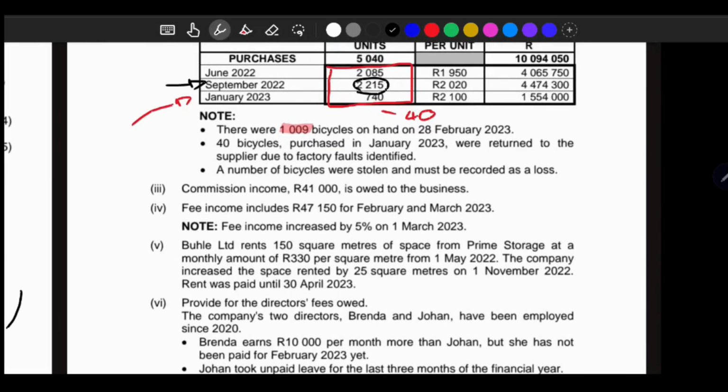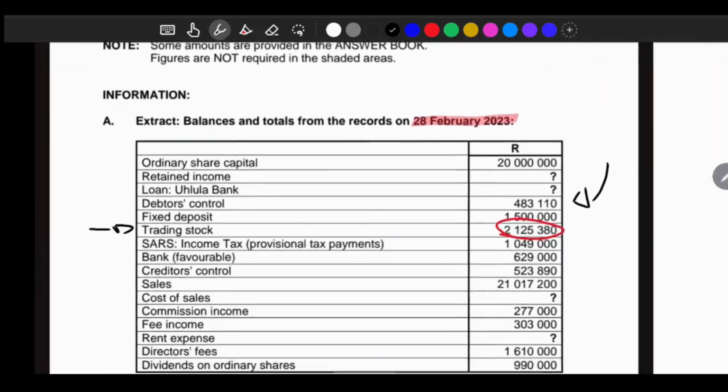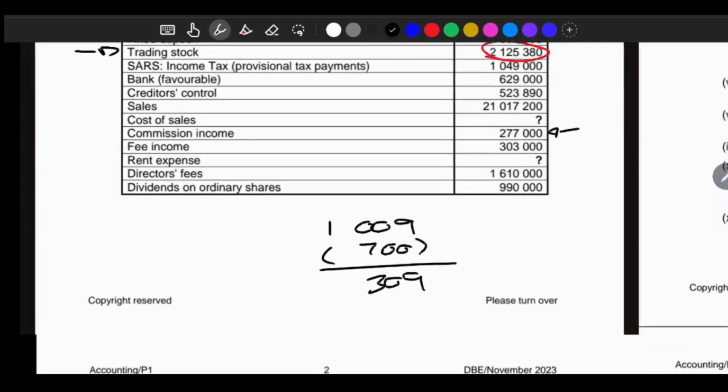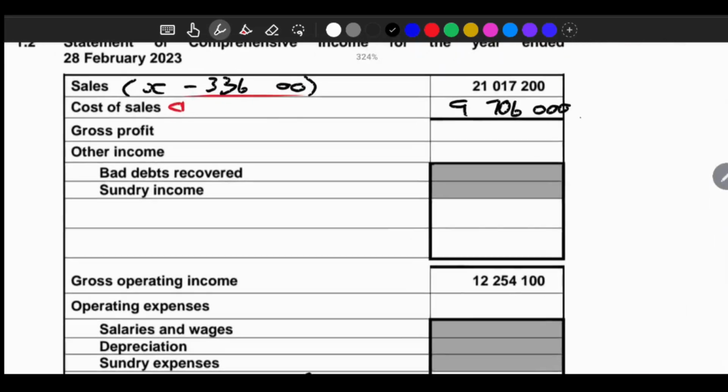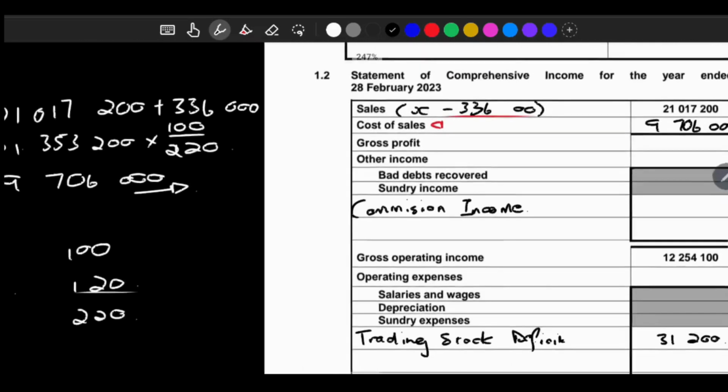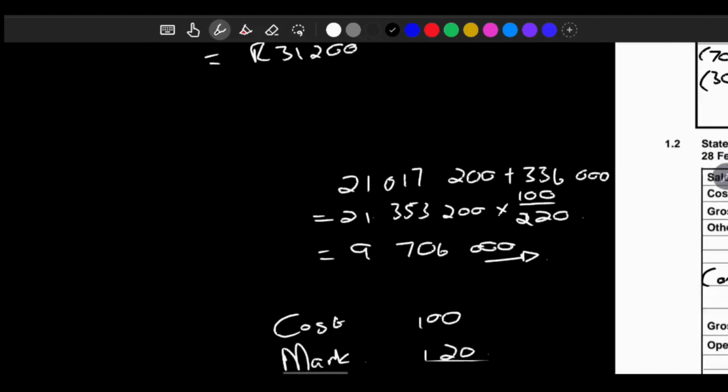Commission income for the 1,000 is owed to the business. So that means whatever amount that we have here in the balances, we still have to add the 41,000. So this 277,000, we just need to add 41,000, right? Commission income, like the word says, income. Just going to do the calculations on the side because I don't have enough space here.